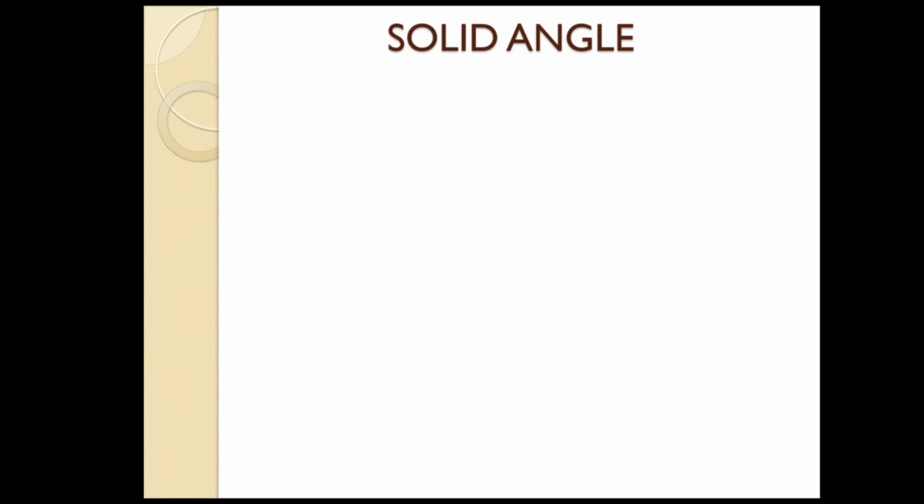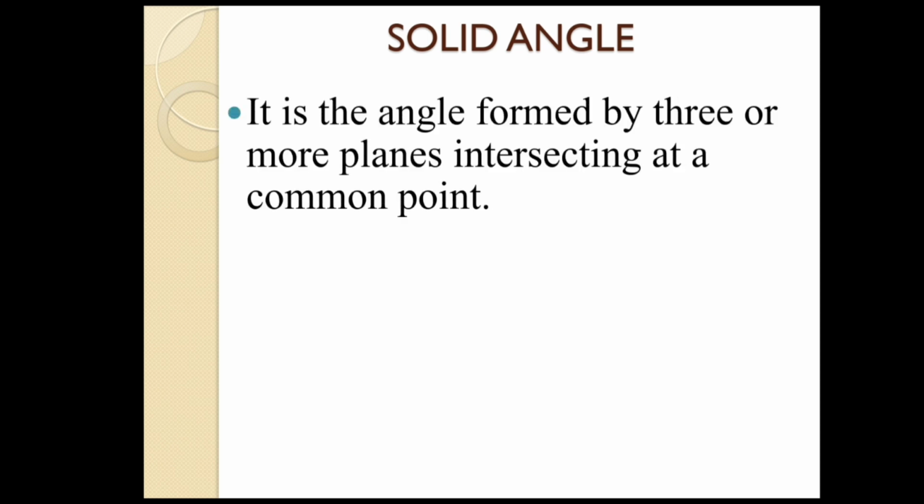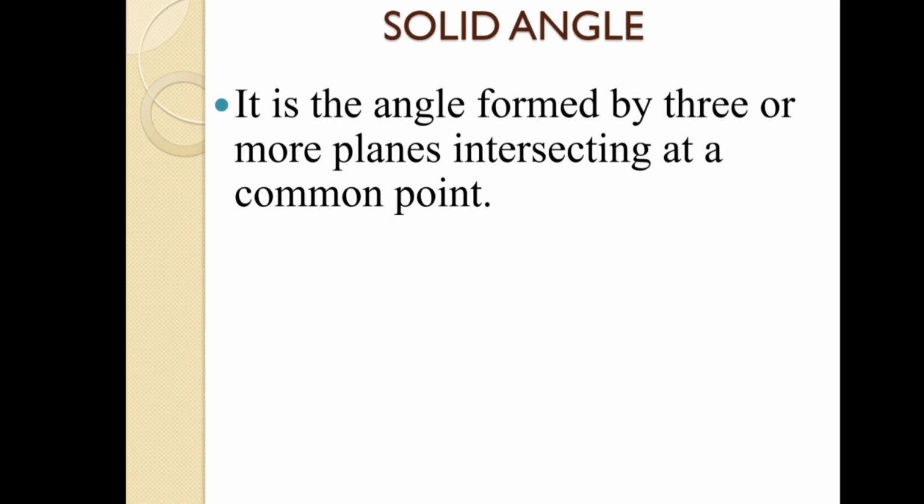Next, we are about to discuss solid angle. It is the angle formed by 3 or more planes intersecting at a common point. In the case of plane angle, we saw it is the intersection of two straight lines or two planes.